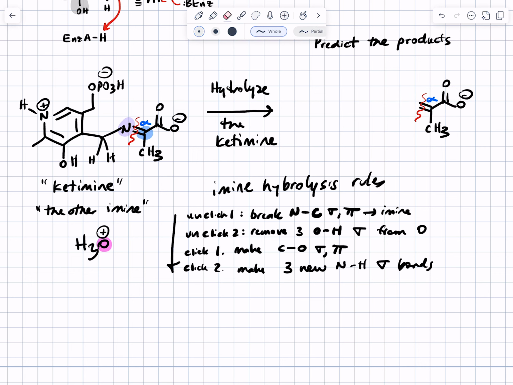In its place is going to go an oxygen. That's the oxygen from water, or H3O plus. And then over here, I've got the rest of the molecule.